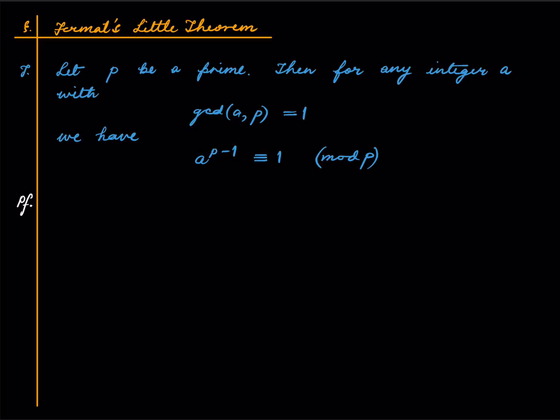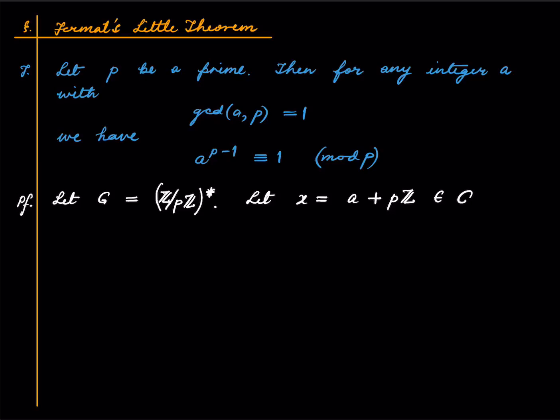So how do we do this? We will consider this group. Let G be this group, Z mod PZ star. And let X equal A plus PZ, which is an element of Z mod PZ star, of course.